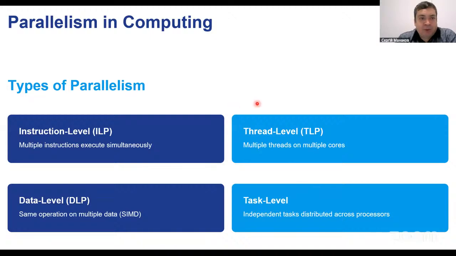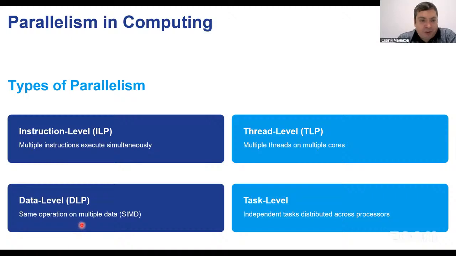Let's see what is about parallelism in computing. We have several types of parallelism. Instruction level, ILP: multiple instructions execute simultaneously. Thread level, TLP: multiple threads on multiple cores execute in parallel and simultaneously.